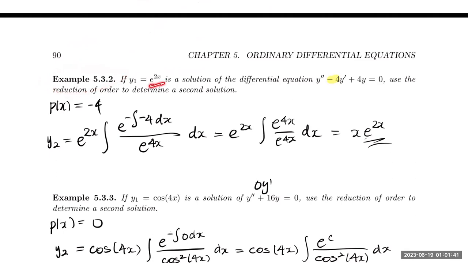We saw that if e to the power 2x is a solution of this differential equation, then by using the reduction of order formula, we would have an x on the outside as one of the solutions here.